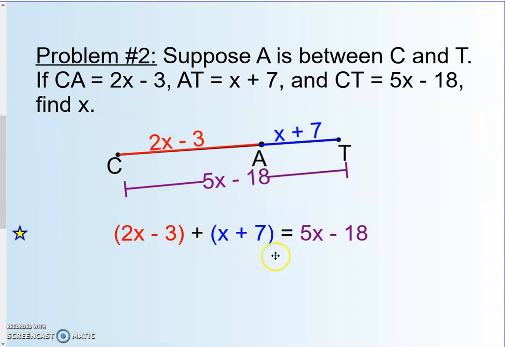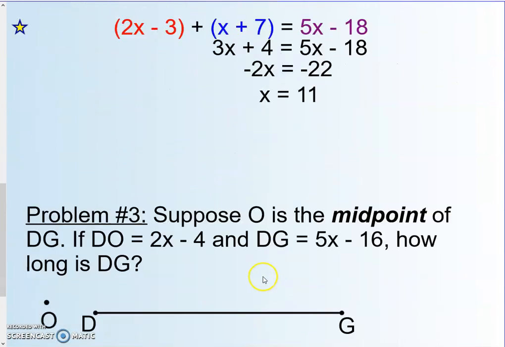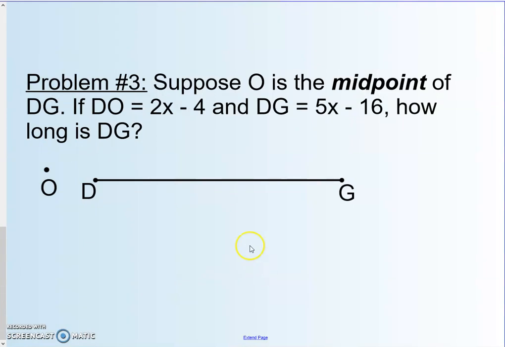And this is where you get to show off your algebra skills from last year. You can solve that equation. Clean up the left side, get your x's together, and solve. It said to find x. That's exactly what we did. One last piece, one last problem. Here you go. Go ahead and pause the video, draw the picture, and come back.